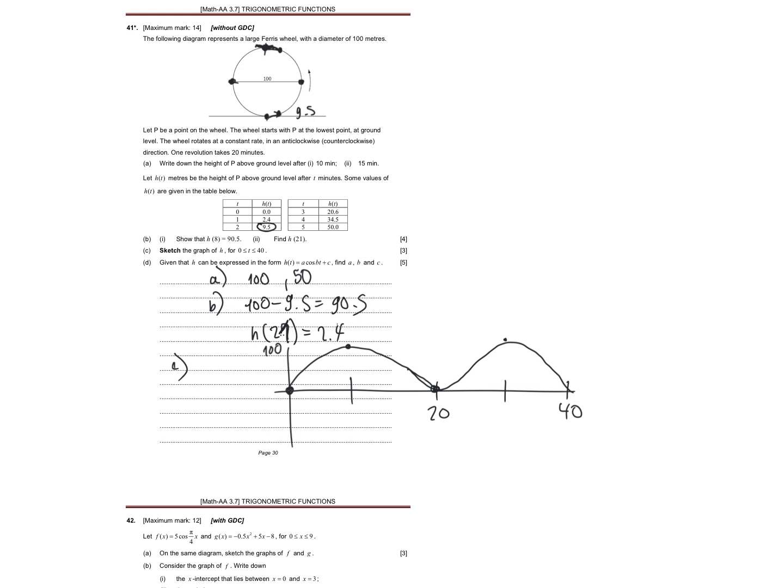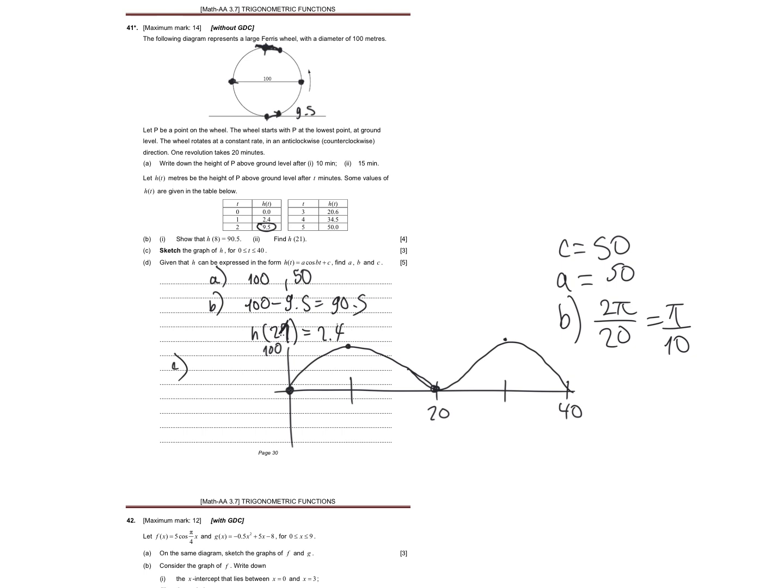Now, given that h can be expressed like that, find a, b, and c. Okay, so, well, c is 50 because it's the principal axis. A is also 50 because from 50, it's going up 50 and down 50. And then b is 2 pi over 20, so pi over 10.